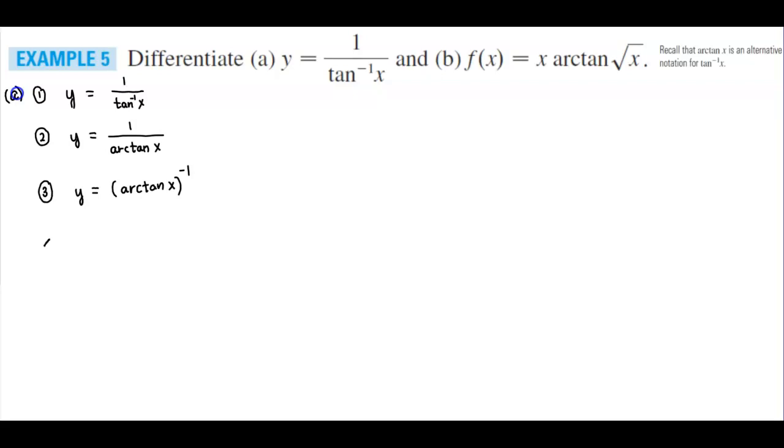Now, if we want to take the derivative of this function, that means we're going to take negative 1 on the outside, and then we're going to multiply it by the arctangent of x, and it's negative 1 minus 1, which becomes negative 2, times the derivative of the arctangent. And we know the derivative of the arctangent is 1 over x squared plus 1.